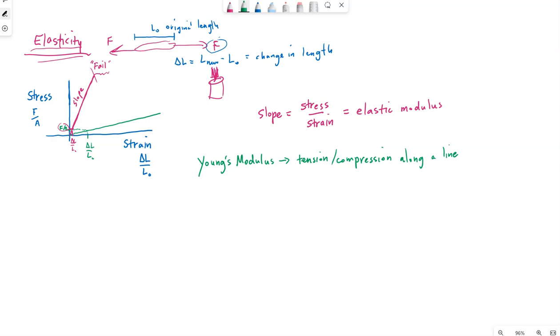So you're either making the object longer or shorter. You're not changing volume, you're not twisting it in any way, you're only applying forces along the length of the object, which ultimately only makes the object longer or shorter.